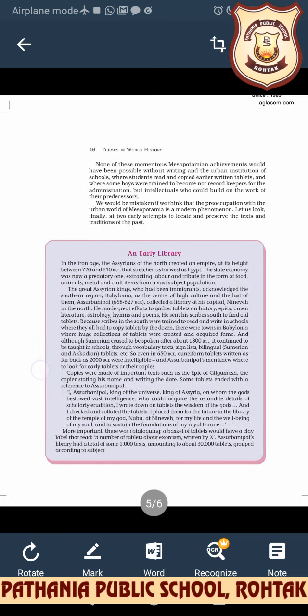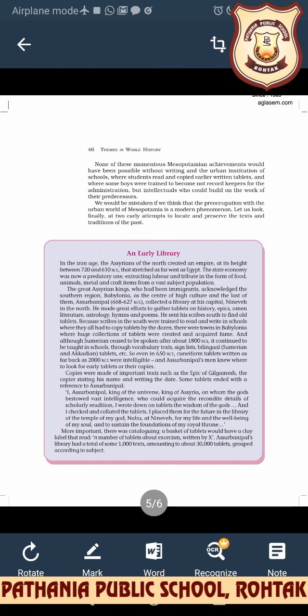So in this way, beta, Mesopotamian students copied the earlier written tablets, and even some boys were trained to become not just record keepers, but real intellectuals who could build on the work of their predecessors.